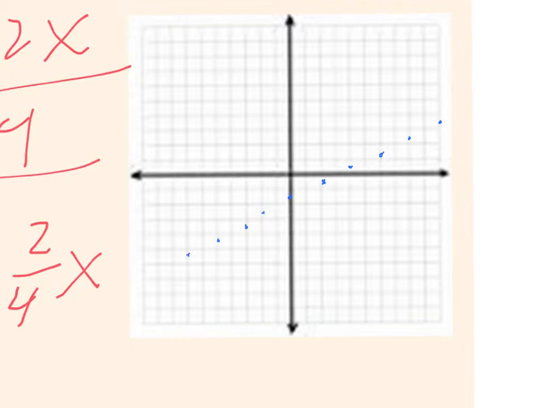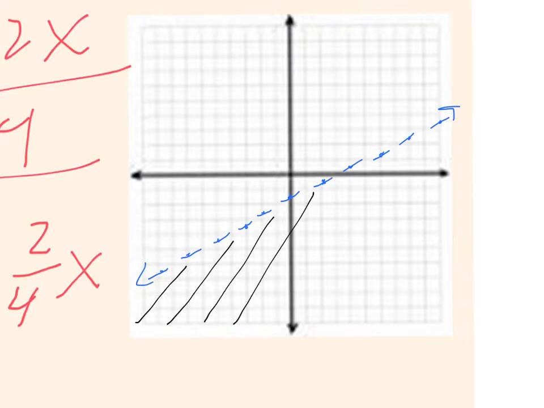Now this is a strictly less than, so the points that are on this line are not solutions. That's why I'm marking this line with a dashed line. It forms the boundary between the points that are solutions and the ones that aren't, but the points on this line are not solutions. The solutions are below.